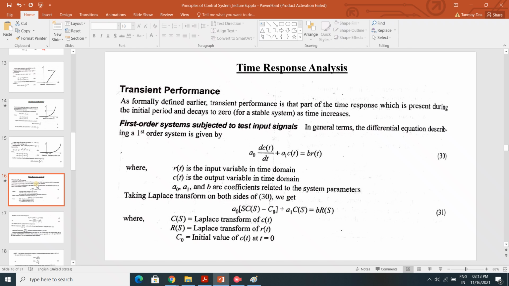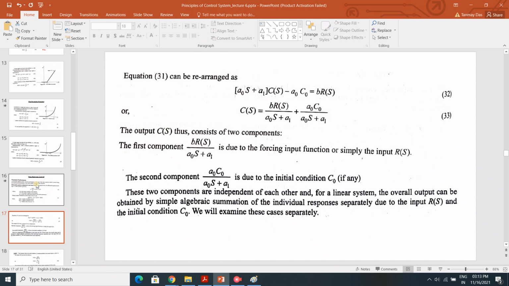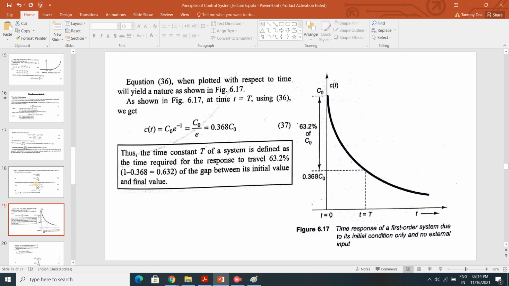Once you get the equation of the output, the next step is to convert that into time domain and then plot the graph, because you cannot plot a graph in S domain. You want to know the response in actual time, reality. Reality means time, it is not S domain. Complex domain is not a reality, it is just for assumption, for calculation, but actual practical reality is the time domain.